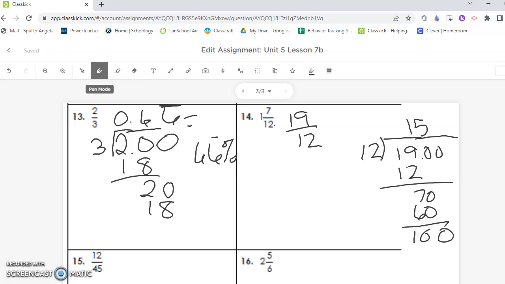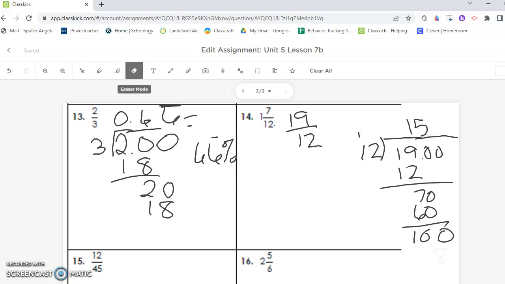All right, so see, 5 was 60, 6 would be 72, 8 would be 96. Oh, that would be too much. I have to go back one.